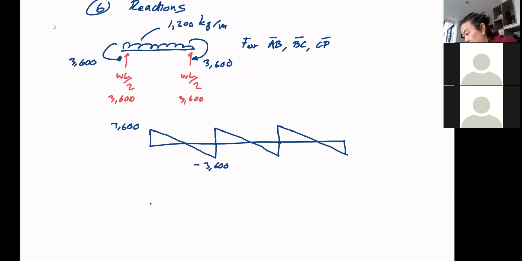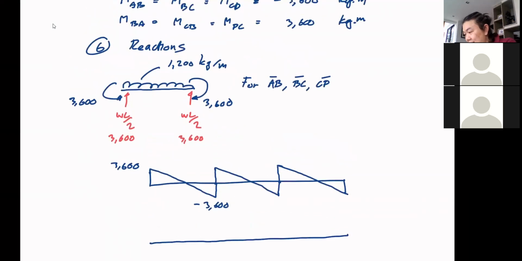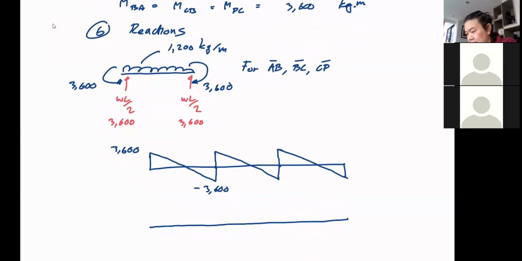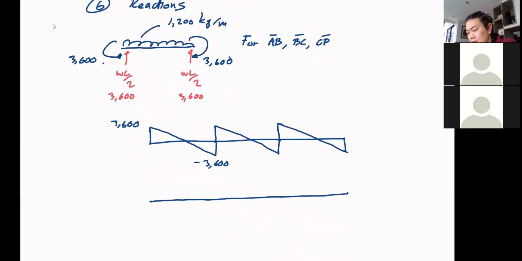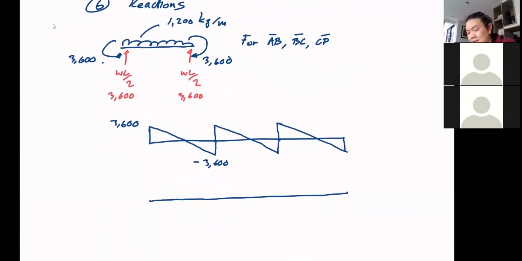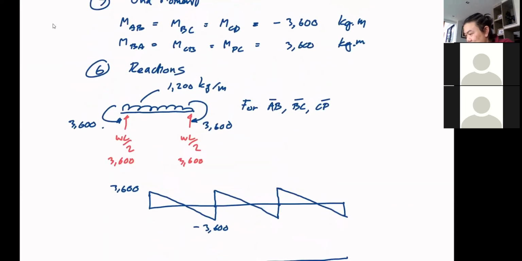And now your bending moment diagram. Remember, you have your end moments already, and that here is counterclockwise. So this is the sign convention of the negative moment when you draw the bending moment diagram. Remember, this is based on clockwise positive.